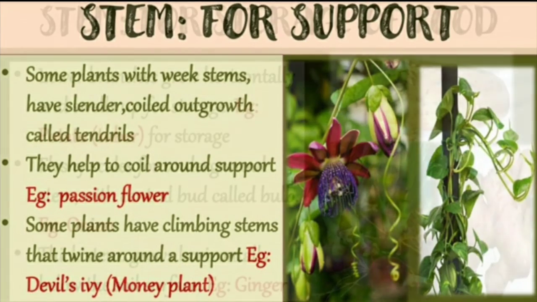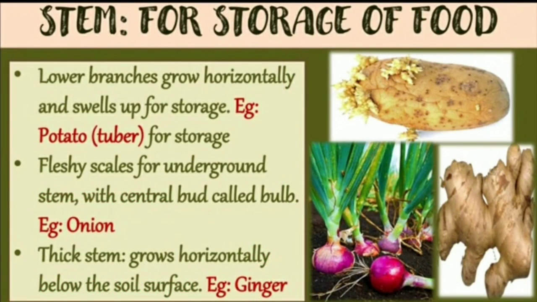And stems for storage of food. Now children, lower branches grow horizontally and swell up for storage. For example, potato tuber for storage. You must have seen some tubers coming out of potatoes, right? Fleshy scales of an underground stem with a central bud are called a bulb.